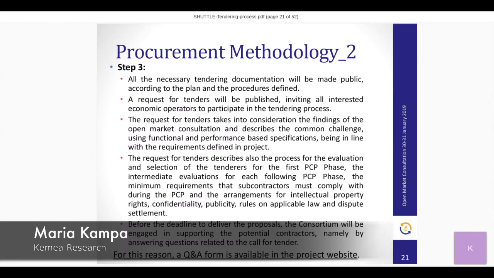Before the deadline to deliver the proposal, the consortium will be engaged in order to support all the potential contractors by answering questions related to the call for tender. For this reason, in the SHUTTLE website, there is a QA form that is already available.